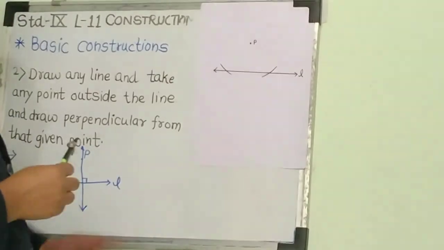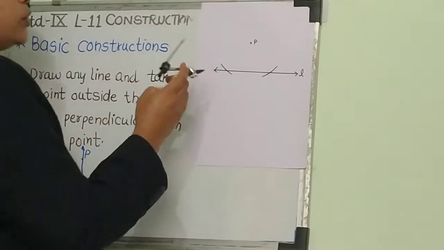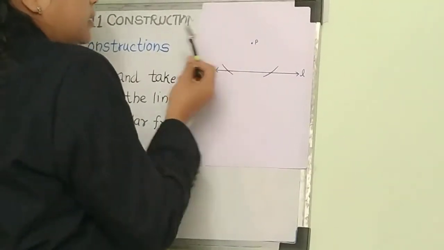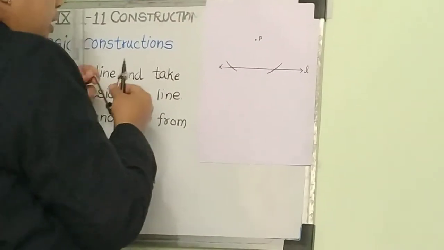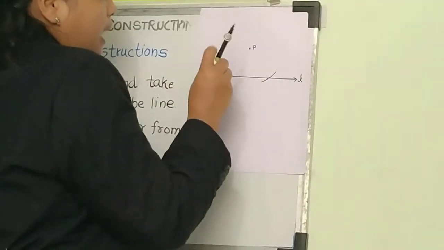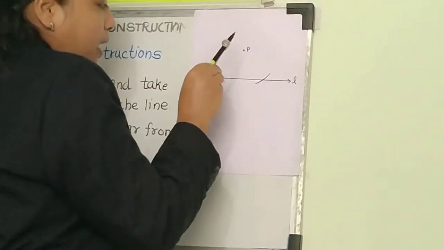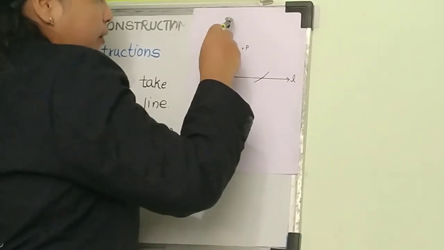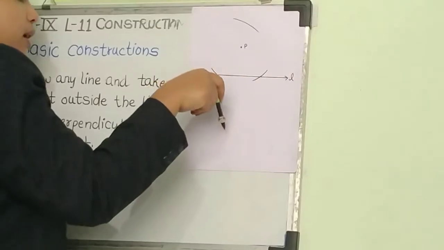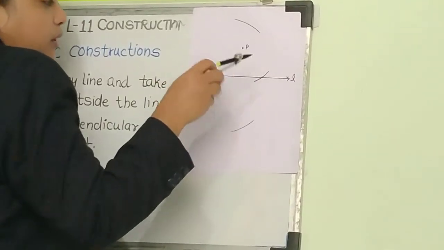Once we get these two arcs, again we take some distance in our compass, and from these two arc intersection points we draw one arc up and one arc down.